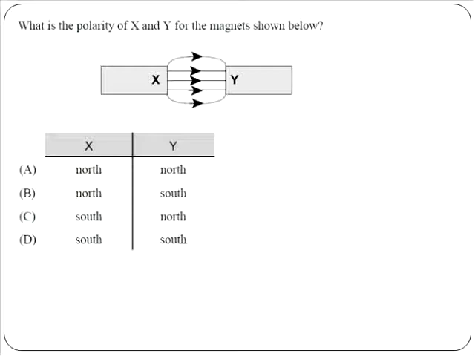So the magnetic field lines actually point in the direction that a compass needle would point. If the lines are pointing from X to Y, that's telling you that this is a north, because magnetic field lines are always drawn pointing away from a north pole and towards the south pole. So this is north, this is south.